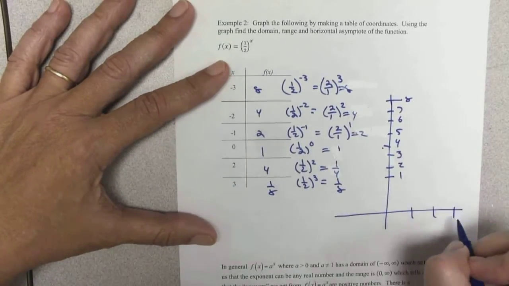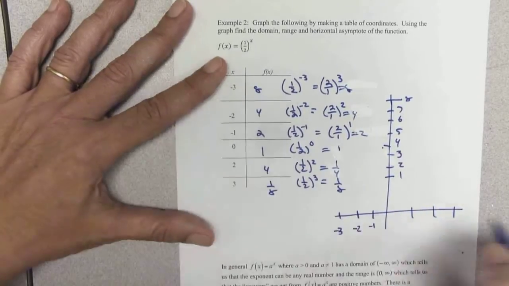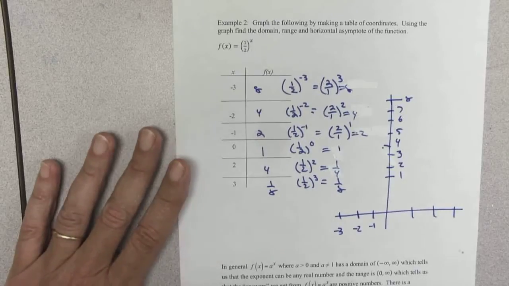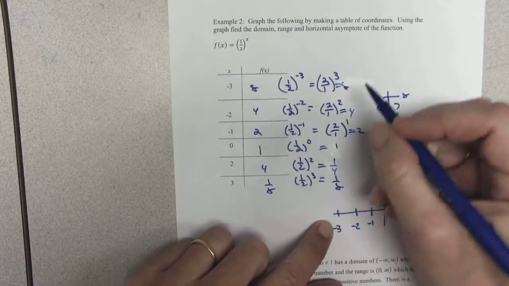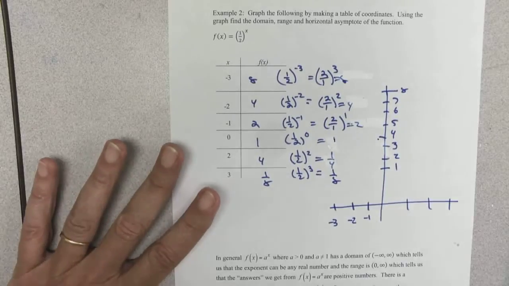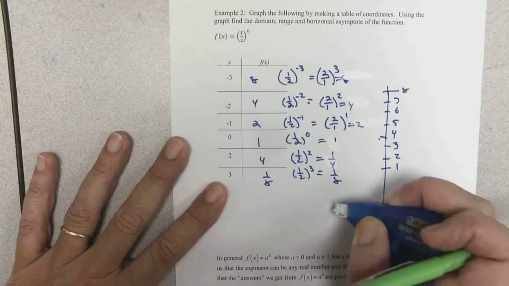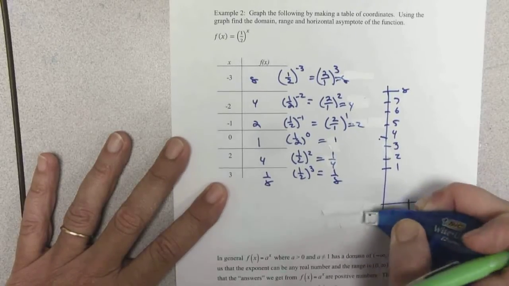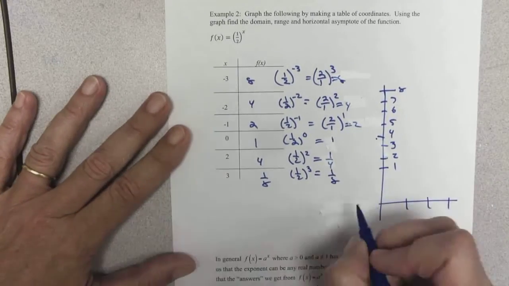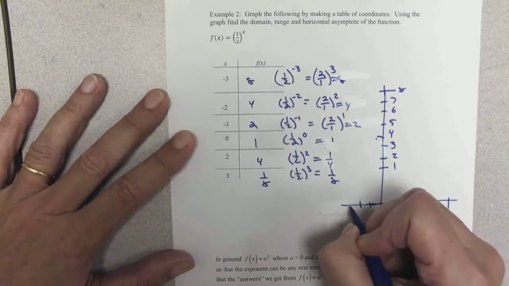And then 1, 2, 3, -1, -2, -3. So I have -3, 8, which is going to be a horrible sloppy graph, for which I somewhat apologize. Somewhat. I have the world's worst handwriting. Or maybe not the world's worst, but I could probably give anybody a run for their money on that.